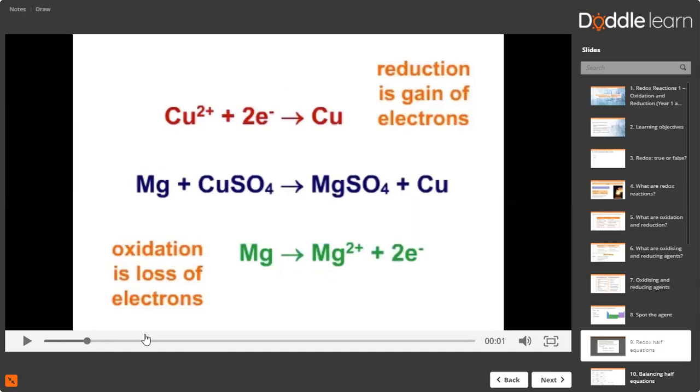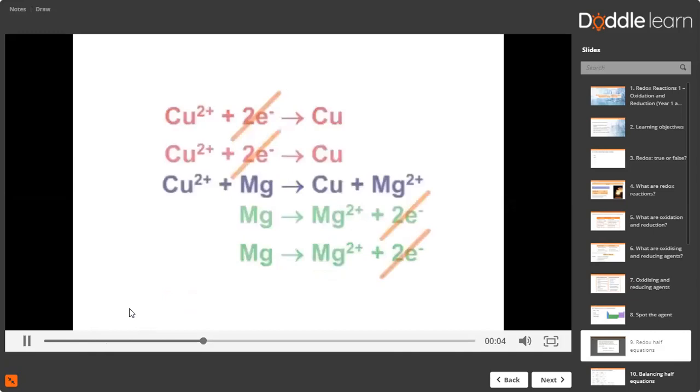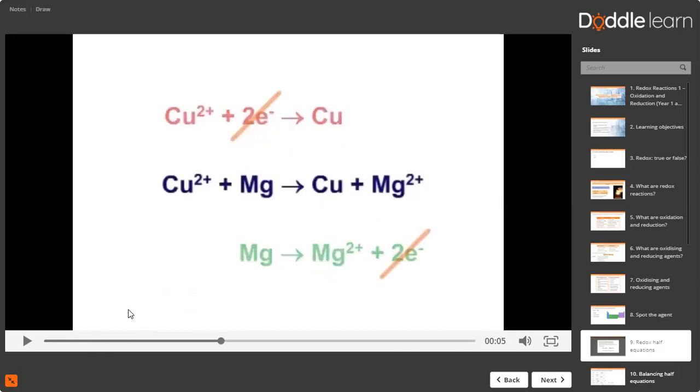We've got the 2 electrons on both sides, so we can cancel those out straight away. When we cancel them out, we get Cu2+, so copper ions, plus magnesium goes to copper plus magnesium ions. And that is our redox equation so far.